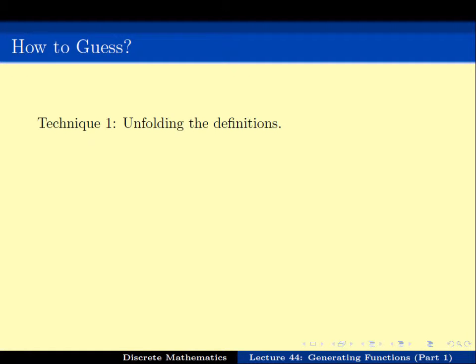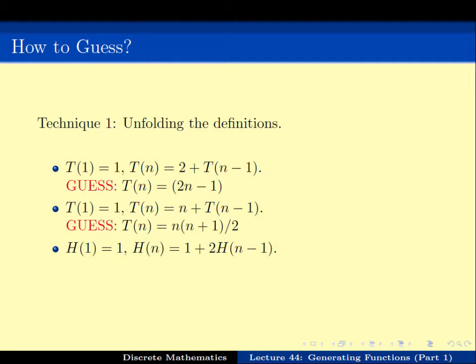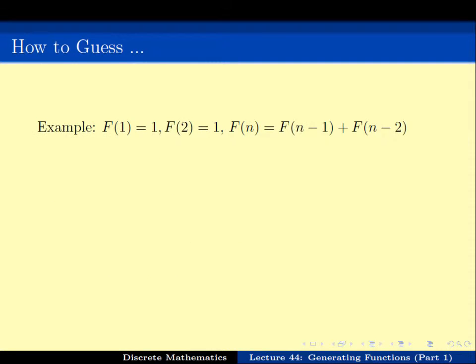The technique that we did for guessing the solution was by unfolding the definition. And we saw how by unfolding the definition, one can try to guess the solution correctly. But then there is a particular class of recurrences where guessing the solution is not easy.